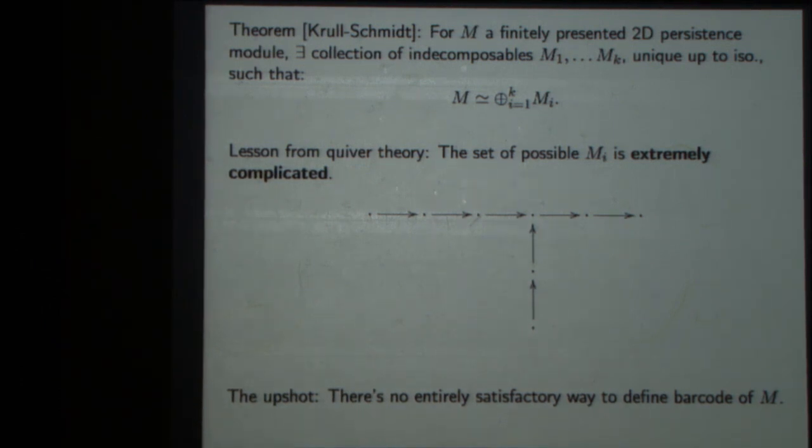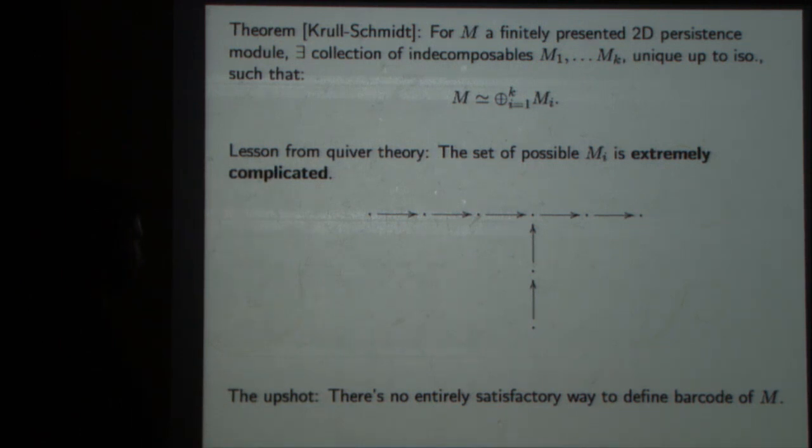So in principle we could define the barcode as the collection of isomorphism classes of indecomposables, but that's going to be a nasty object. It's going to be hard to visualize directly on a computer screen; you could do it, but you'd probably have to throw away a lot of information to do it in a reasonable fashion.